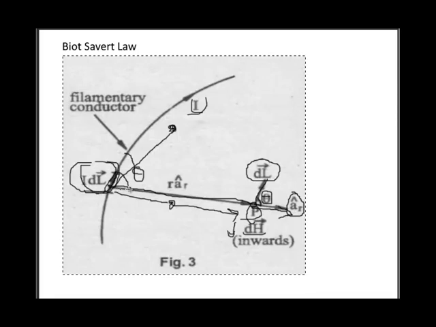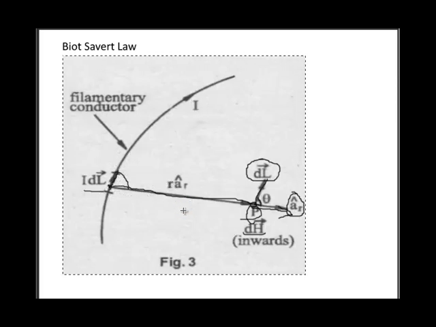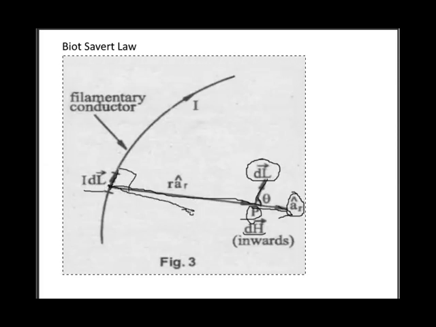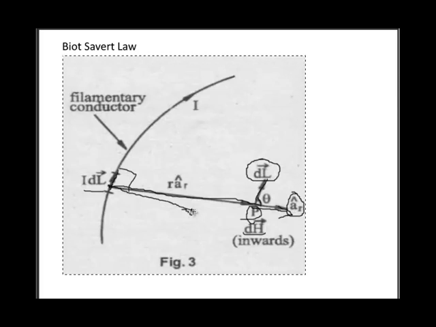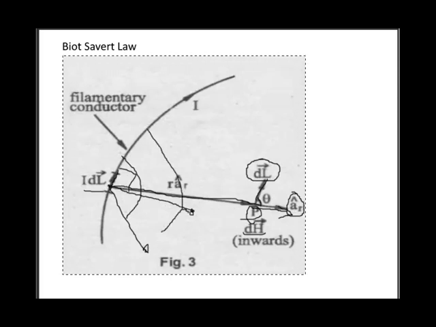And when the angle becomes 90 degrees, if you take a point just in front of the current filament, where the angle is 90 degrees, then the value of dH will be maximum. But if you take a point below, the angle will be more than 90 degrees, and in that case also the value of dH will be less.